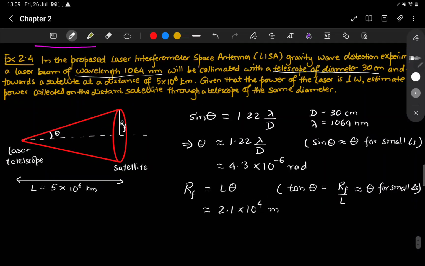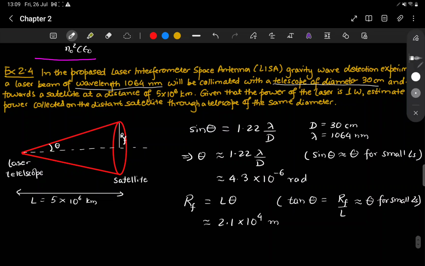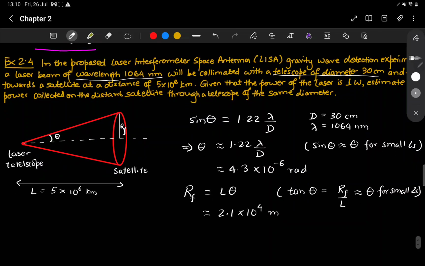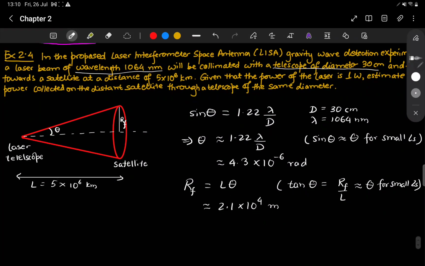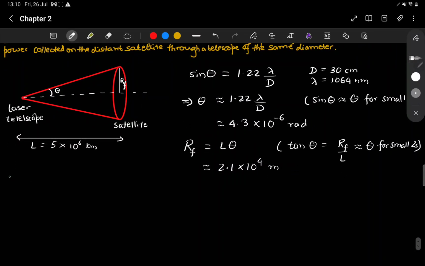Now we need to find out the fraction of the power collected at the satellite. That is what we need to find out. So that will be given as follows.